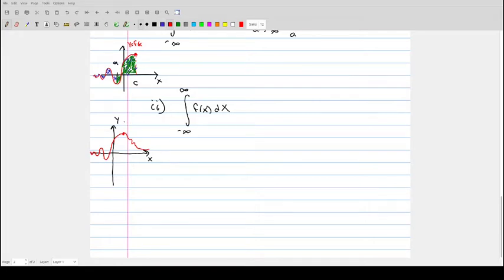Maybe f of x looks like this. The improper integral of this function we want to be the net area under this function, or the accumulation of this function from negative infinity to positive infinity.